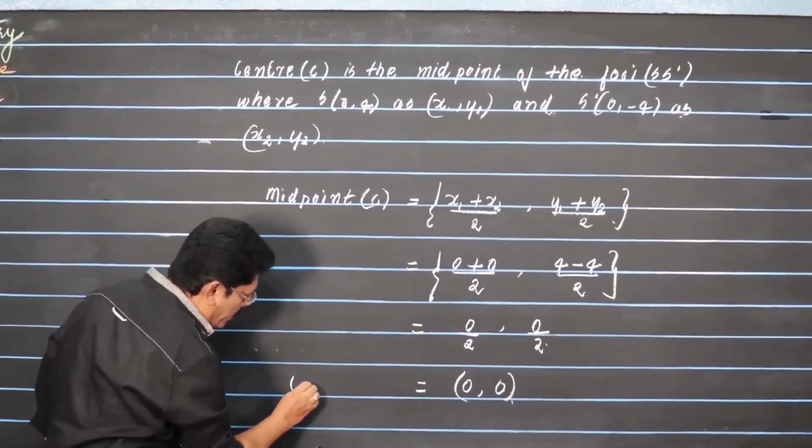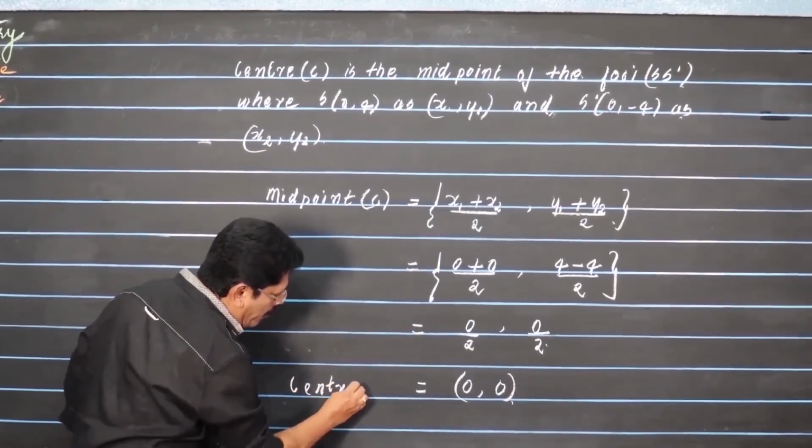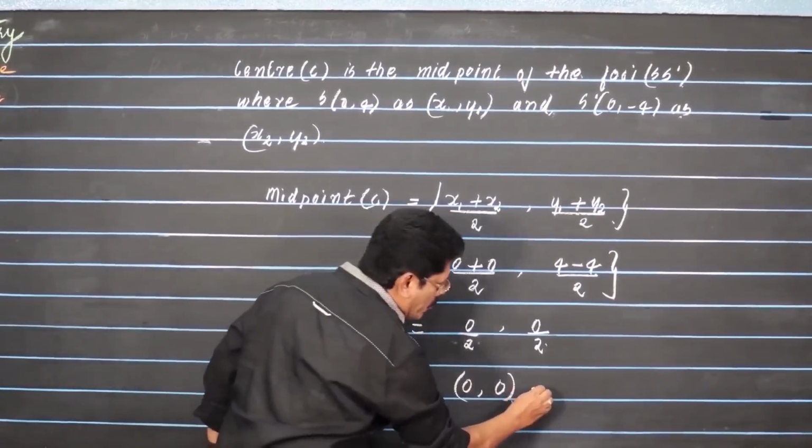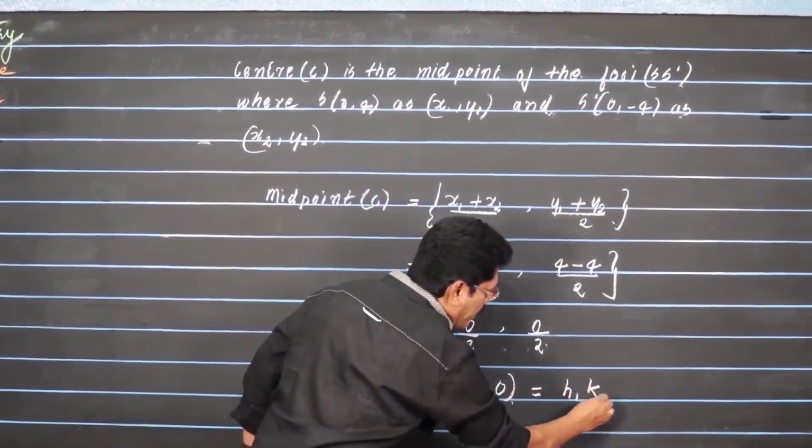Now this midpoint is nothing but the center of the foci which is also equal to h, k.